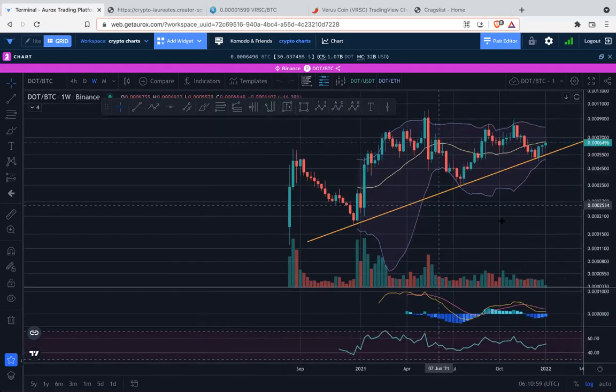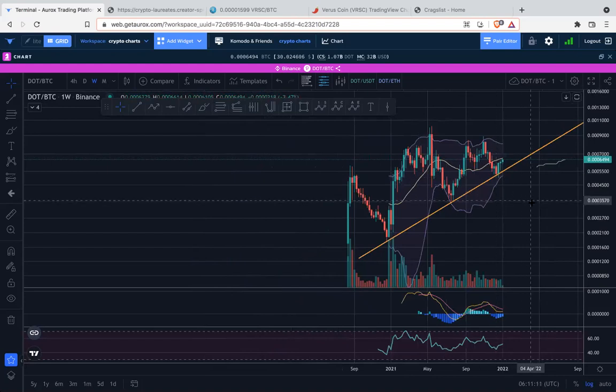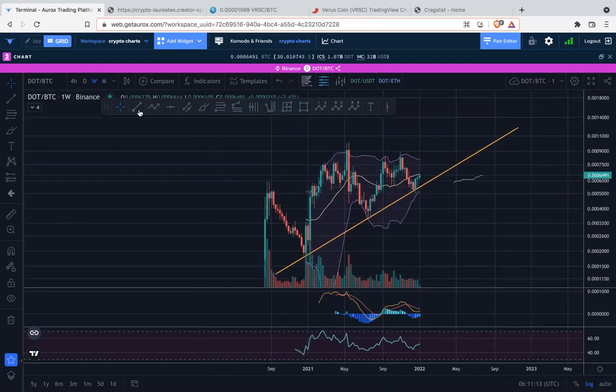Okay, so something to consider here is we are in an uptrend. We are at the lower end of the uptrend, smashing up against this 20-week moving average, starting to narrow. And we had previously made higher highs. So what does this mean?